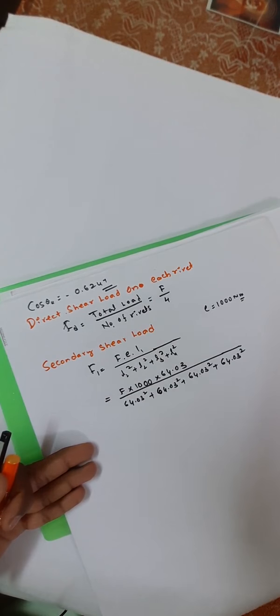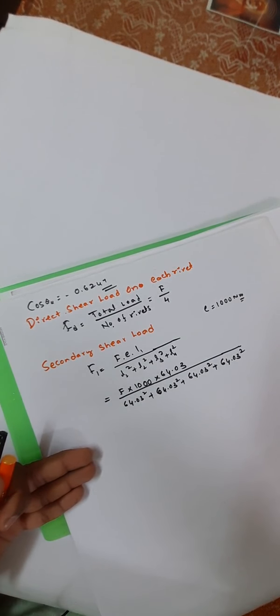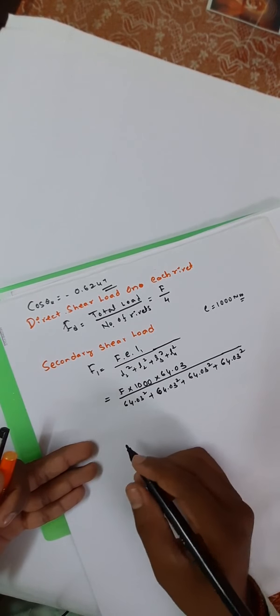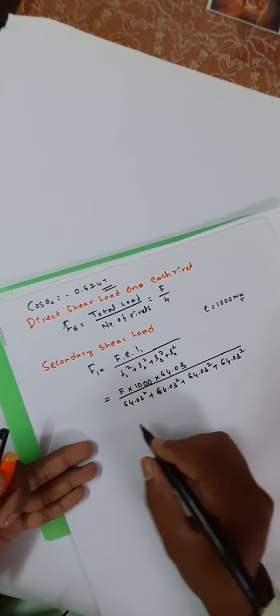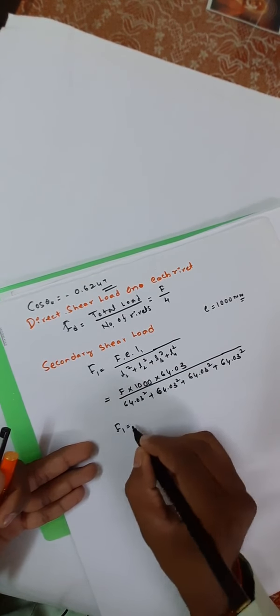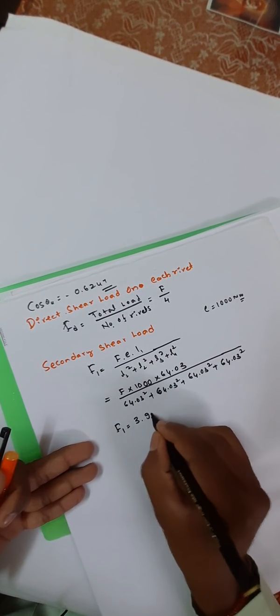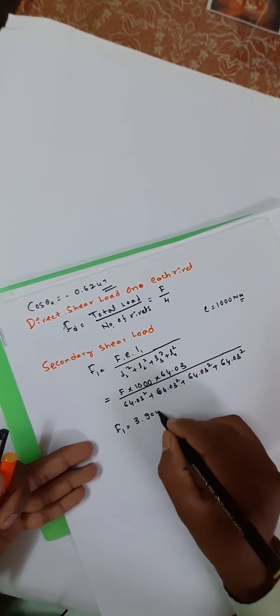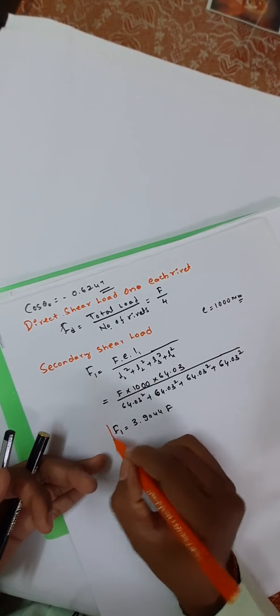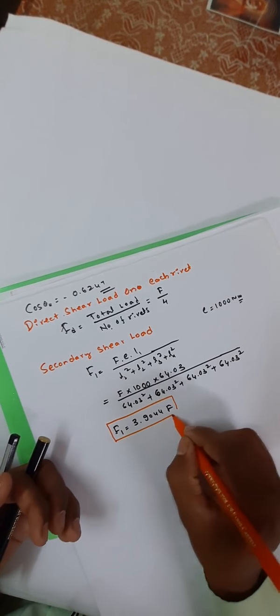Because L1 is equal to L2 is equal to L3 is equal to L4, if you simplify this, we will get F1 is equal to 3.9044 F. In terms of F only we will get the answer.